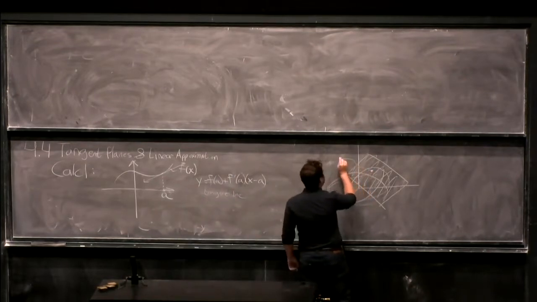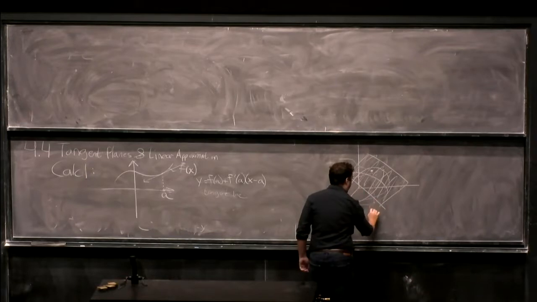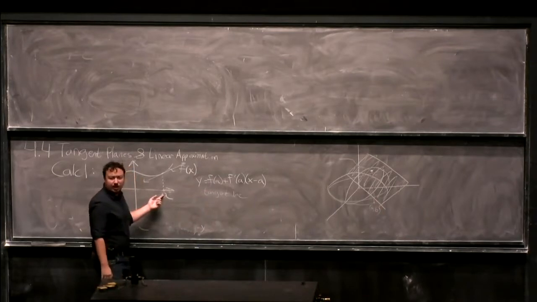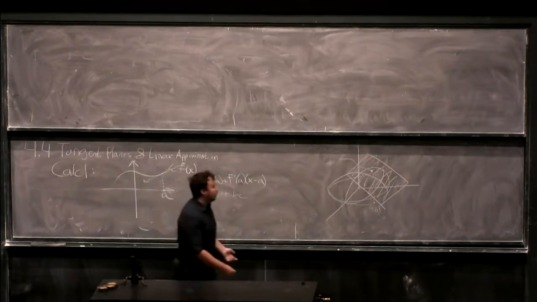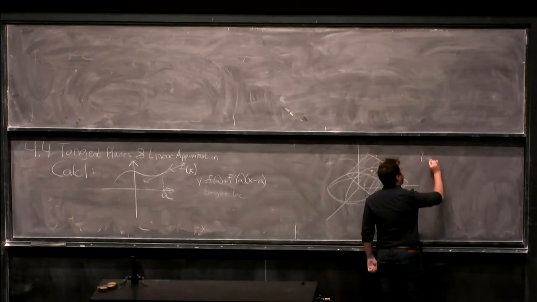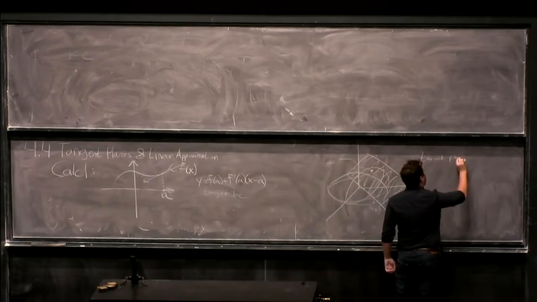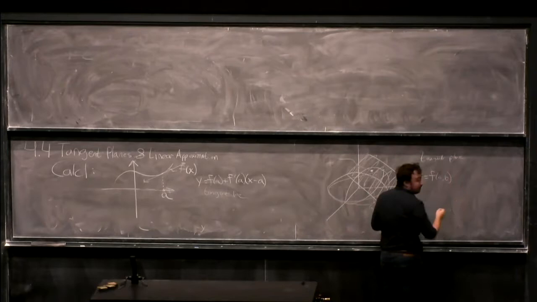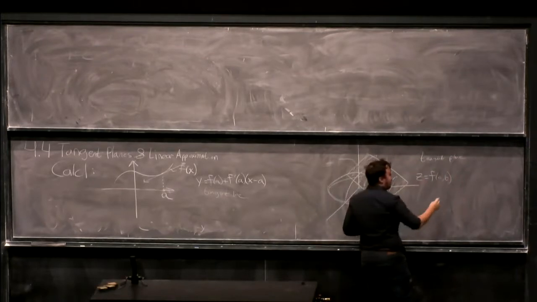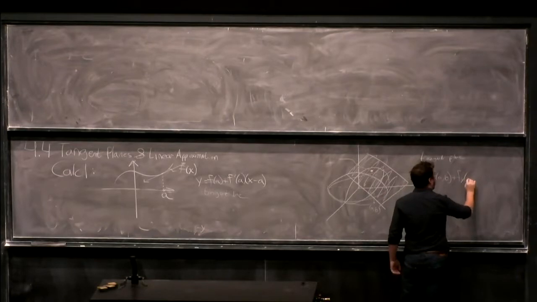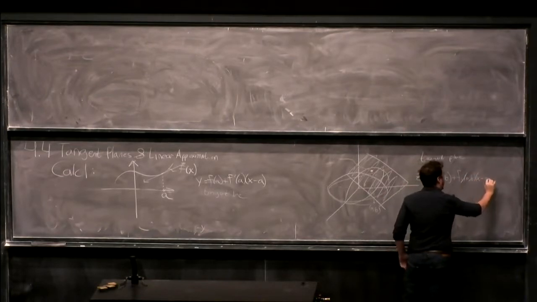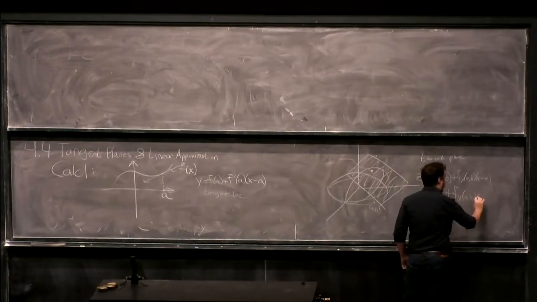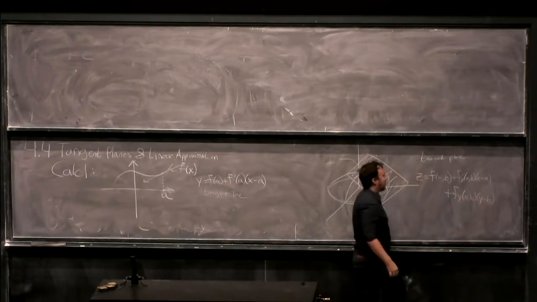So if this point on the xy plane is at the point (a, b), kind of like how over here we had our function at the point a, then the formula for our tangent plane is going to be z equals f of (a, b), kind of like how we had the f of a over there, plus the x partial derivative at (a, b) times x minus a, plus the y partial derivative at that point times y minus b.